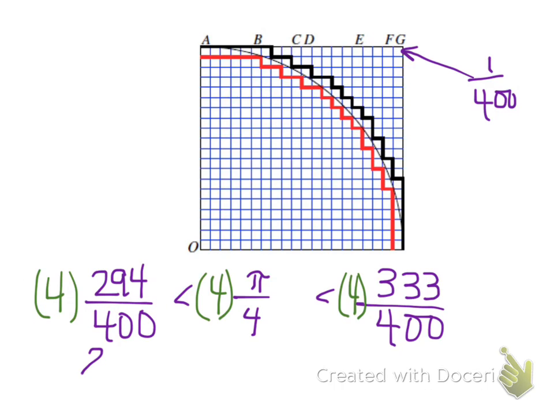So this becomes 2.94 is less than pi, and this becomes 3.33. And that's just looking at whole squares. If you refine down to even partial squares, then we can get a better estimate.